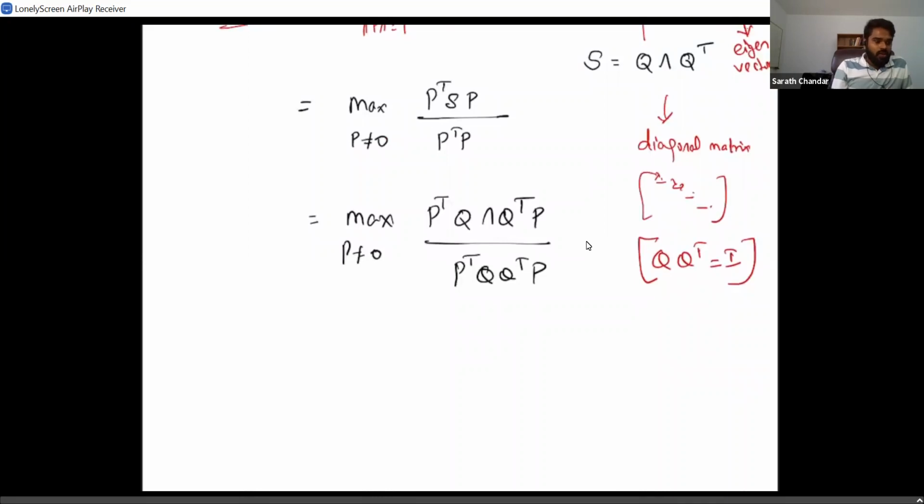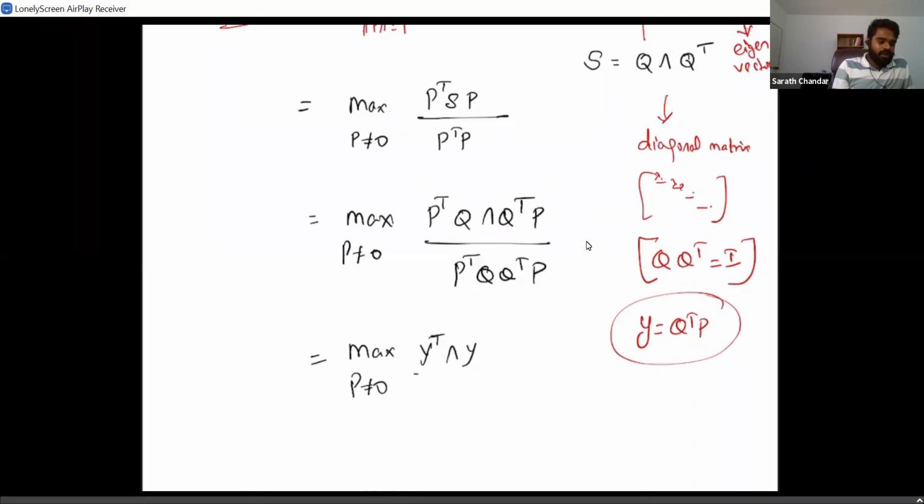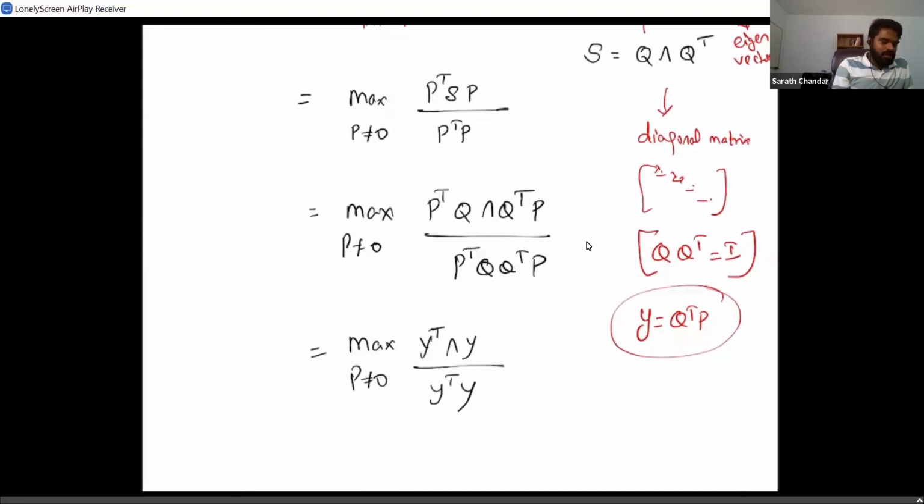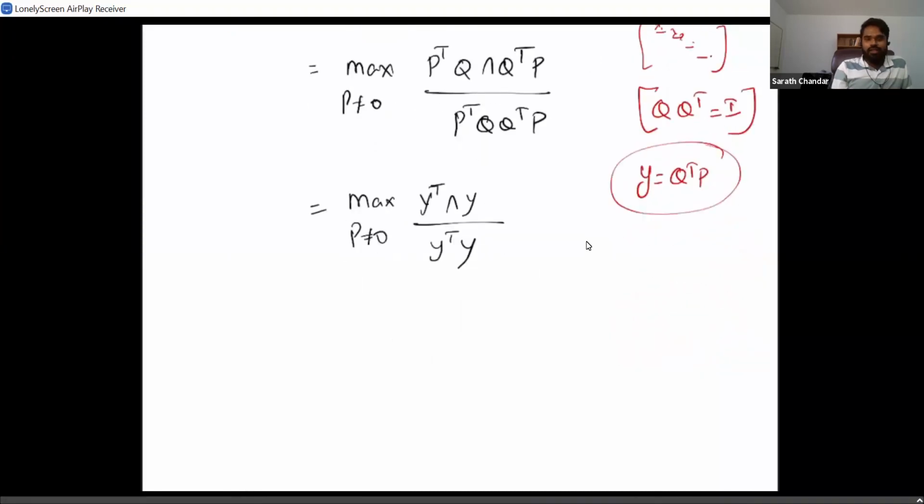Now we are going to set Y equal to Q transpose P. Using this, I rewrite it as the max of Y transpose lambda Y divided by Y transpose Y. Is that clear? The matrix in between is a diagonal matrix with values lambda 1, lambda 2, lambda 3, and so on, and Y is a d-dimensional vector.